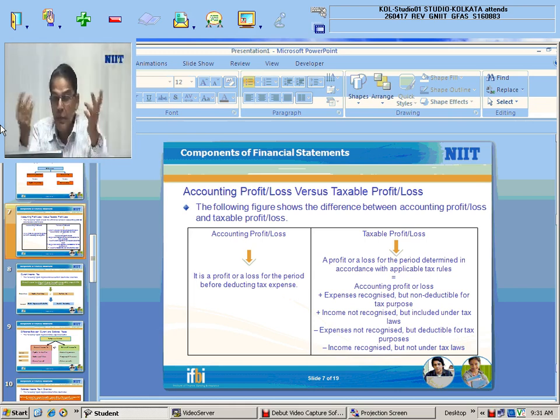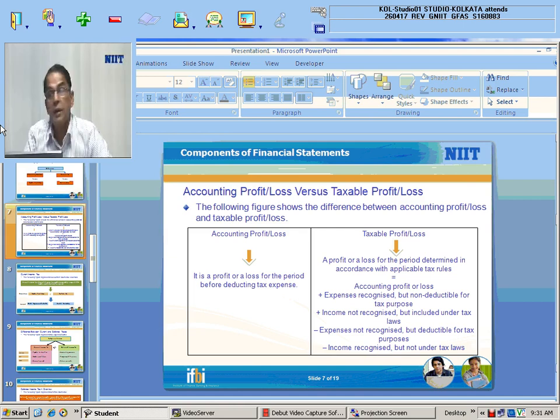So what else? Can we have an expense which is recognized but non-deductible for tax purpose? Do you have an example? Like the cash expenses above 20,000. If any expenditure is made in cash above 20,000, it can be included in the profit and loss statement. It can be recognized for the calculation of profit and loss, but the tax law will not allow it to be deducted.